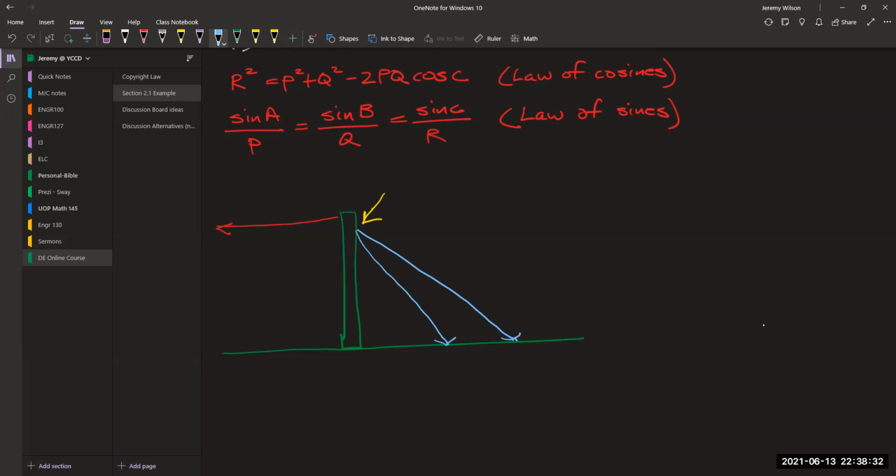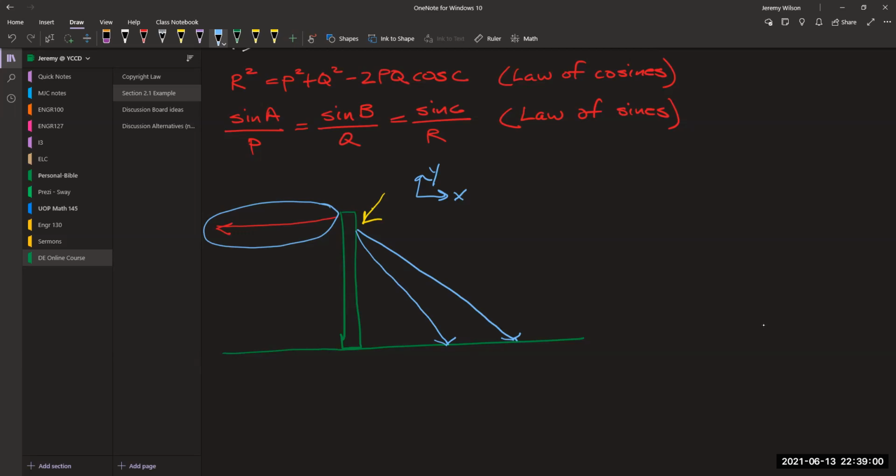And you know from physics that those two guy wires are going to have X and Y components to them. I've drawn a Cartesian coordinate system. That's something that we always want to do. And it is the X component that counterbalances the tension of that power line that is tending to pull in the negative X direction here.